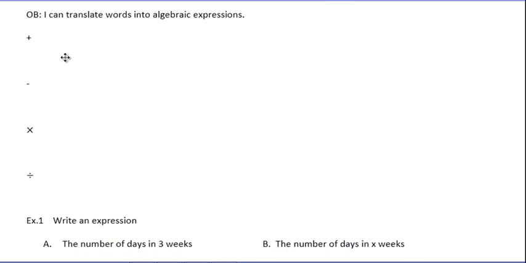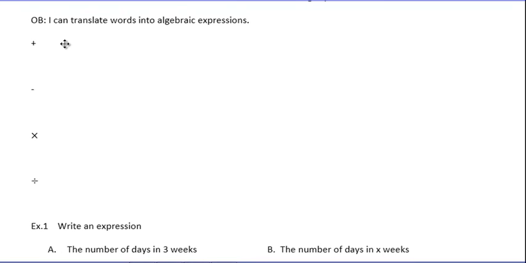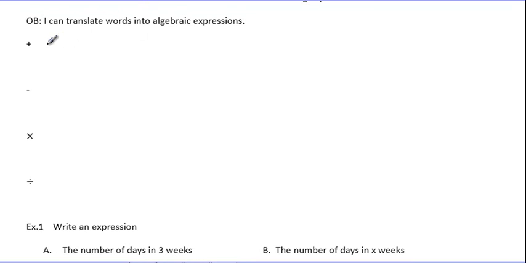Looking here, we have our four operations, and what we're going to do is simply list some words that mean the same thing as that symbol. So, for example, this is an addition sign, so we could say addition is one word we could see when we do this, or add it to.